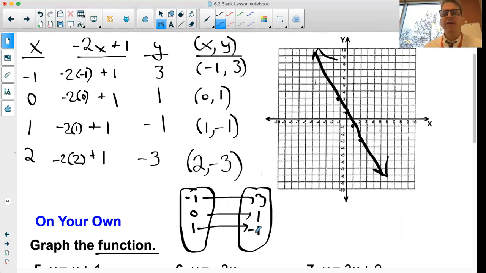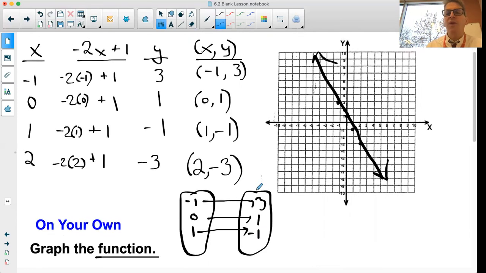And lastly, you can represent functions by the use of a graph. So words, word problem or whatever you're describing, an equation, which would be in this case, y is equal to -2x plus 1, an input-output table, a mapping diagram, and a graph are all representations of functions.